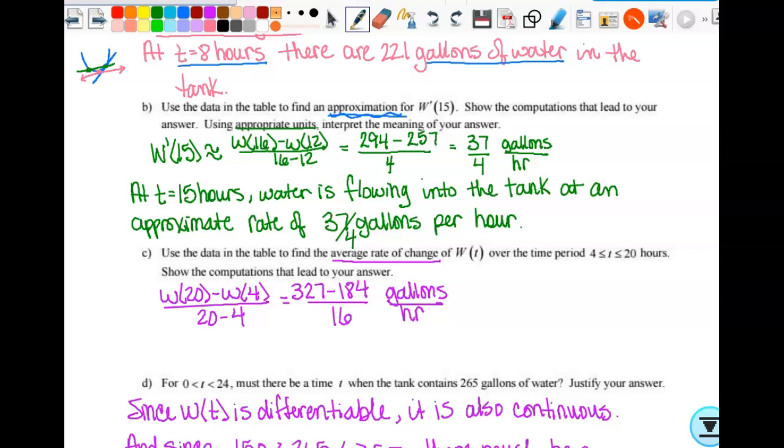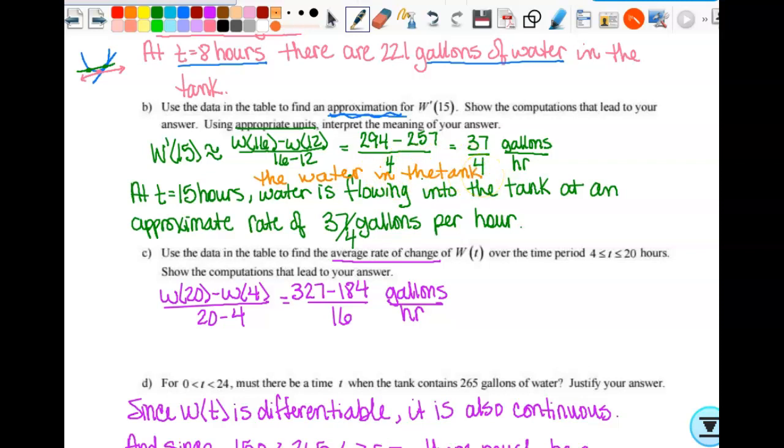Now the water is flowing into the tank at this rate, but had I said, and I don't want to make you necessarily rewrite it, but I'm going to write it on top of it: the water in the tank.